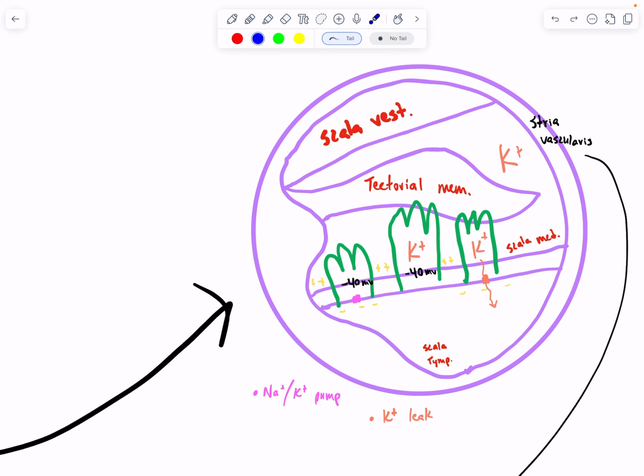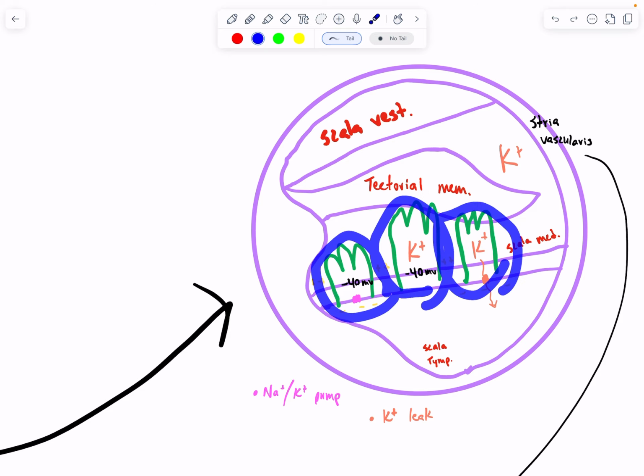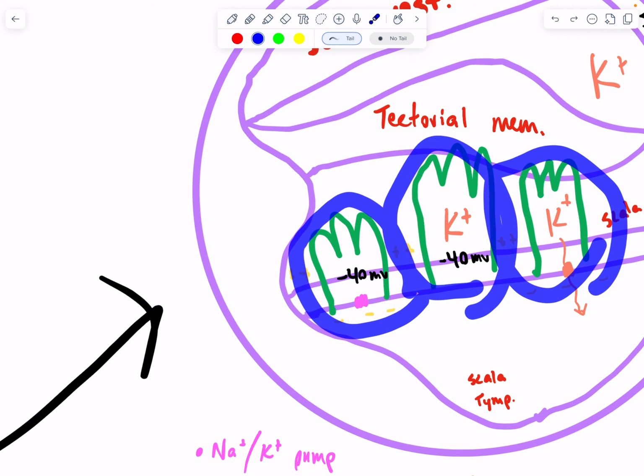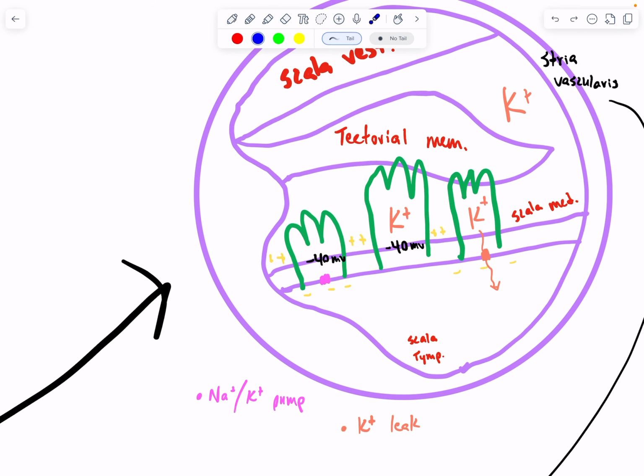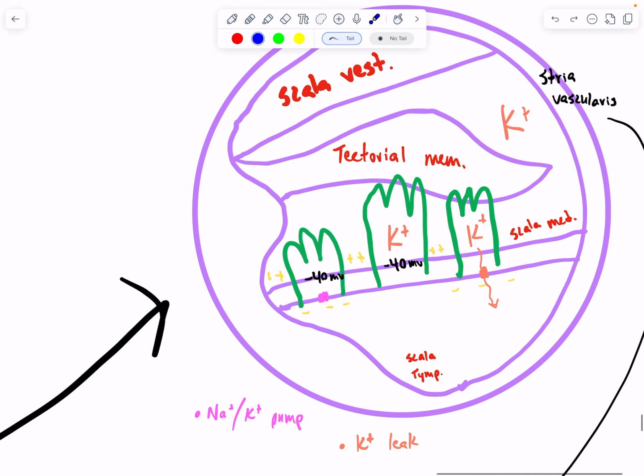We'll see why in a second. Same with these little hair cells. These hair cells are also full of potassium because they have little sodium potassium pumps, in this pink here, that pump potassium into these hair cells.